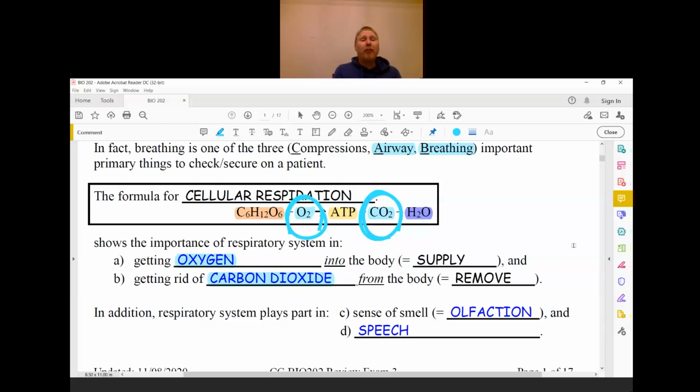There are other functions that the respiratory system serves as well, such as the sense of smell. The proper term for that is, of course, olfaction, and also the production of speech, which is super important for modern humans as a form of communication. There are other non-respiratory movements that our respiratory system participates in as well, and we'll have a look at those in a little bit.